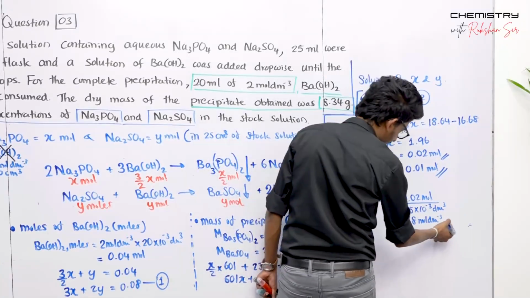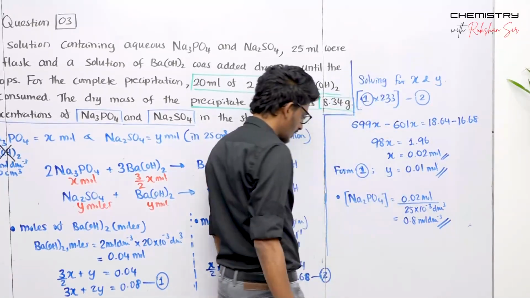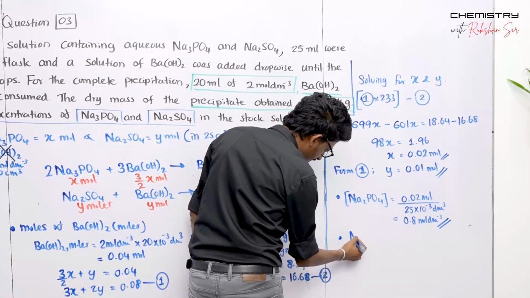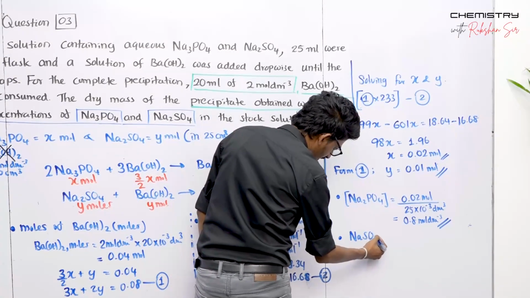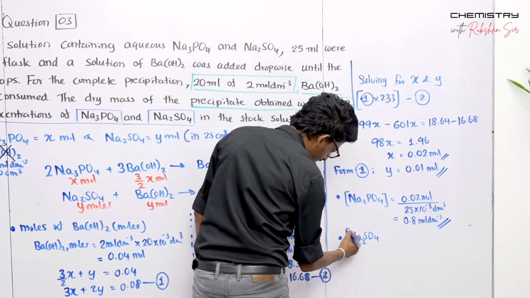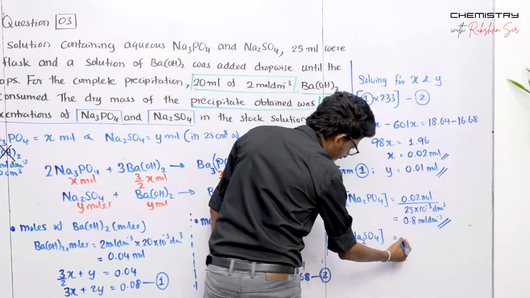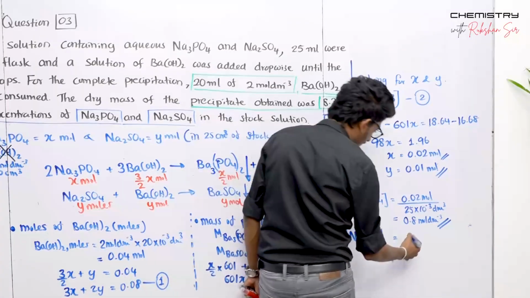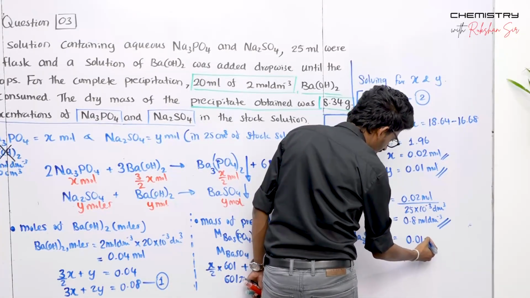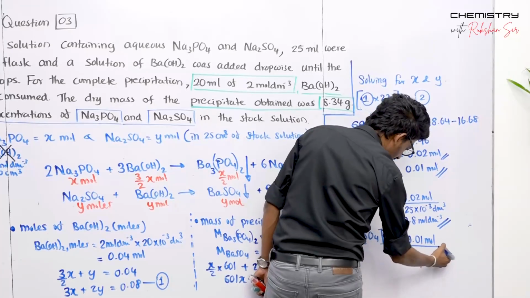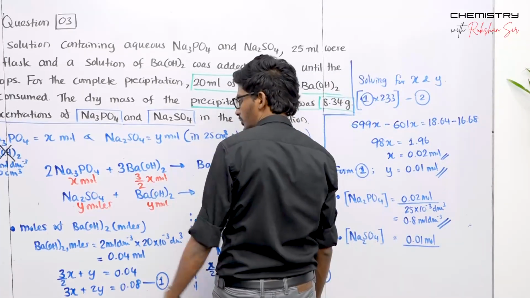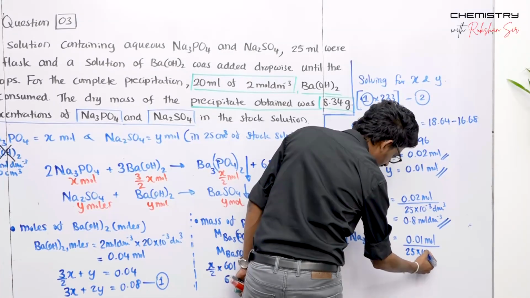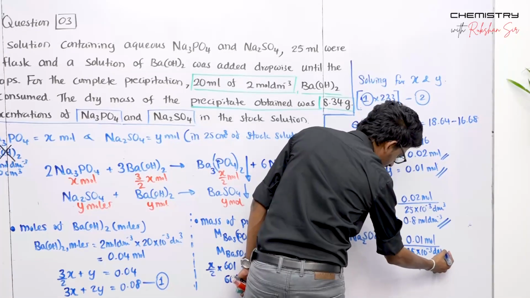Now let's complete it with the sodium sulfate as well. The concentration of sodium sulfate is the amount of moles of sodium sulfate, this is 0.01, divided by the volume of the solution. The volume of the solution is 25 cubic centimeters, that means 25 into 10 to the power minus 3 decimeter cubes.